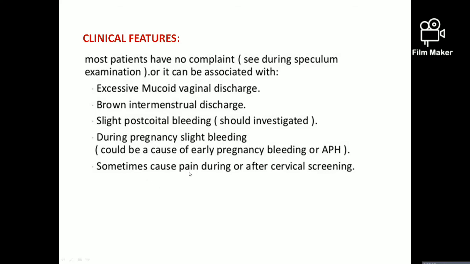Sometimes it causes pain during or after cervical screening. And we also see deep dyspareunia as one of the symptoms. Sometimes we may also see low backache. During pregnancy, it bleeds easily because of excessive vascularity. So this is all about the clinical presentation.